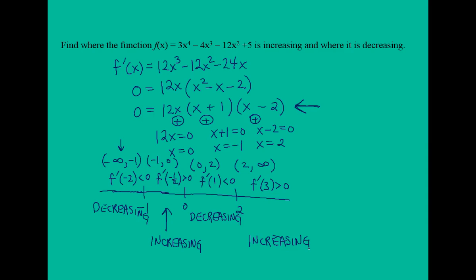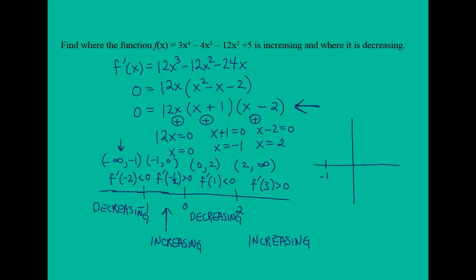Now let's just do a little bit more analysis on this. If we have this function and from -infinity to -1, we know it's decreasing. So let's say this is -1.